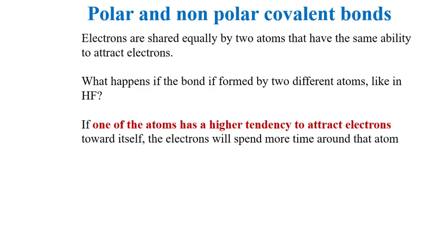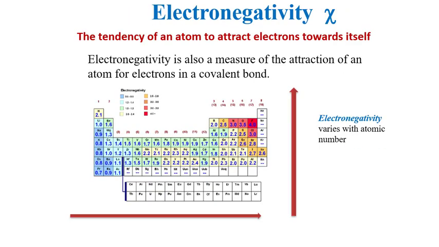Now remains the idea of trying to determine which bonds are polar and which ones are non-polar within the covalent bonds. A measure to establish that is given by electronegativity, which we've seen as the tendency of an atom to attract electrons toward itself. Now, this can also be used as a measure for atoms to actually form polar bonds or non-polar bonds.